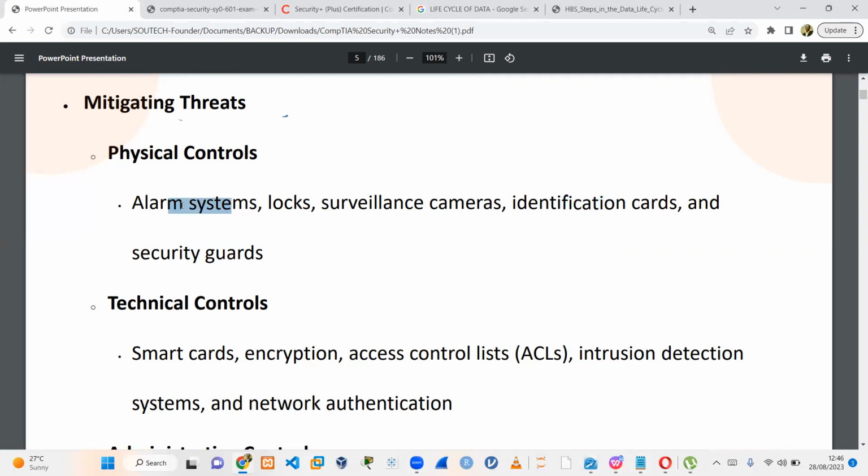Because no matter how secured, let's say you have a server in a physical location hosting data worth $1 billion. That doesn't make any sense. It amounts to nothing. Or you have a laptop that is worth $1 million, it has data worth billions, hosts intellectual property, patents, rights, and whatever. It makes no sense if the physical location where these items are, people can easily have access to them.